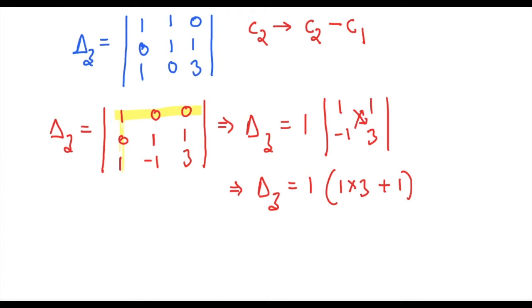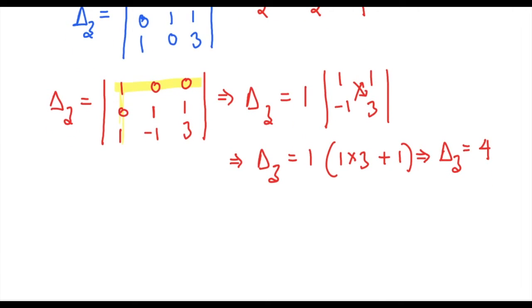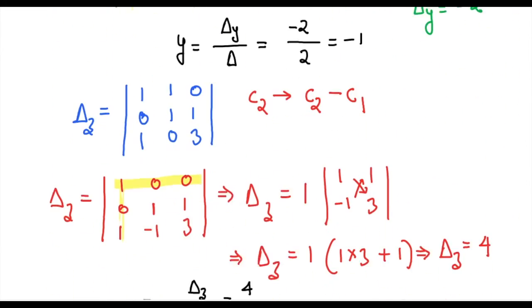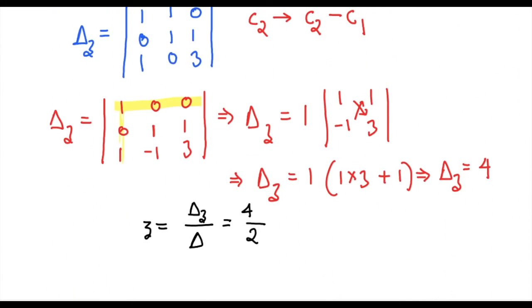So del z is equal to 4. Got it? Now what is the value of z? Z will be del z upon del, which is 4 upon 2. So 4 upon 2 is 2. So this is the third answer.